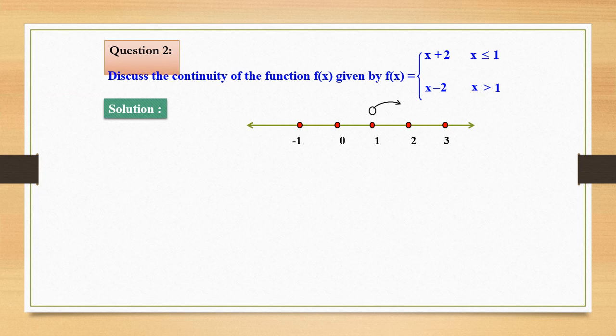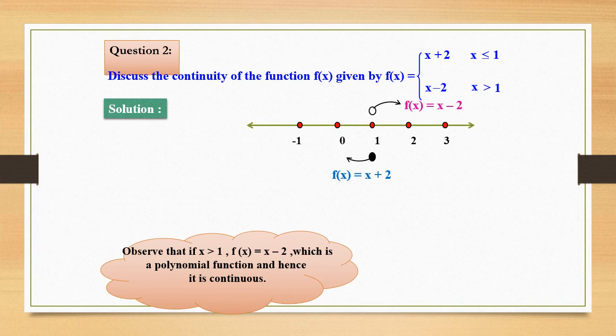The value of the function for values of x greater than 1 is x minus 2, and the value of the function for values less than or equal to 1 is x plus 2.